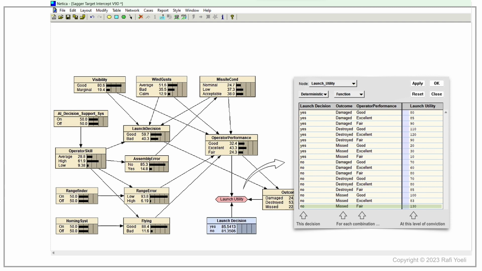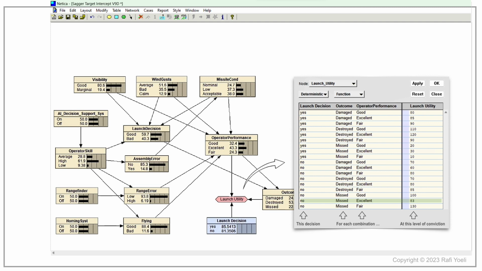Look also at the line before last, we still see a high likelihood for a miss. However, here our operator has an excellent record. The recommendation is still not to launch as the first column indicates, but we will have some doubts whether this is the right decision because this operator, with his or her high level of proficiency, might still gain a hit. So all this line means is that the system's level of conviction that we shouldn't launch drops.